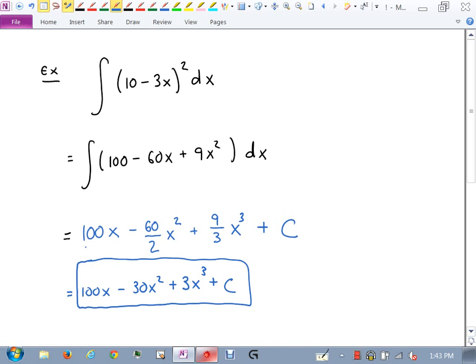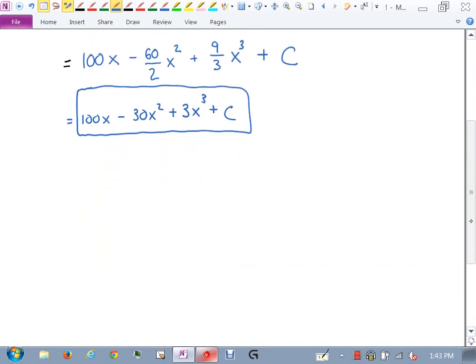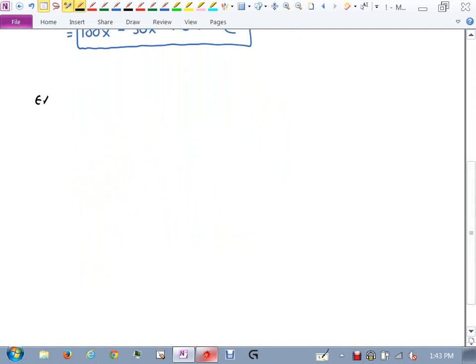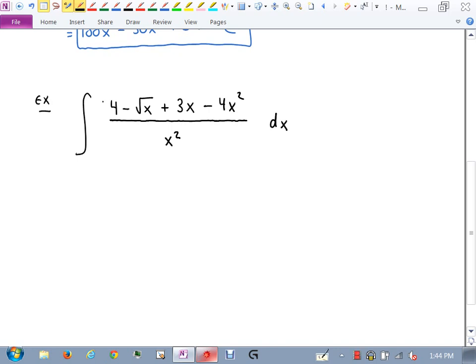One more, and then we're going to move on to one more idea that we have in this topic. How about this? It's looking uglier and uglier, isn't it?